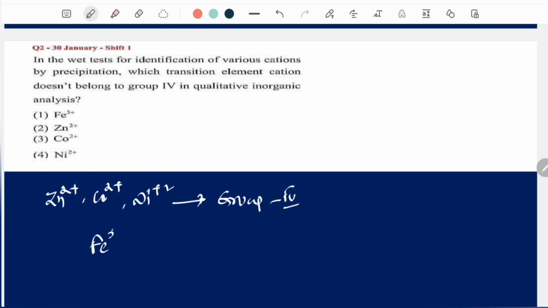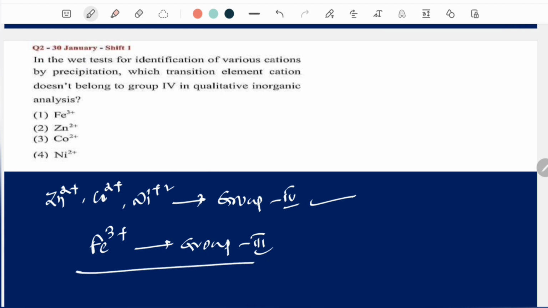And Fe plus 3 is related to group 3. So the option is option 1. Zn plus 2, cobalt plus 2, nickel plus 2 are related to group 4, so obviously Fe plus 3 does not belong to group 4. Our option is the first one, option 1.